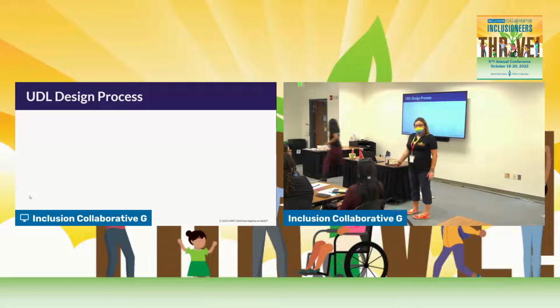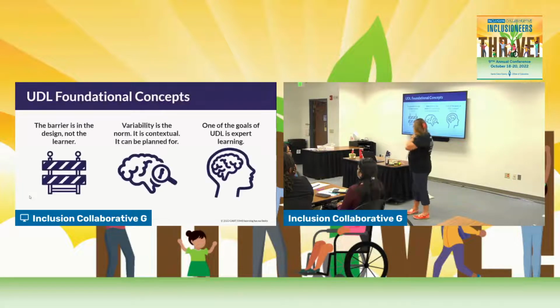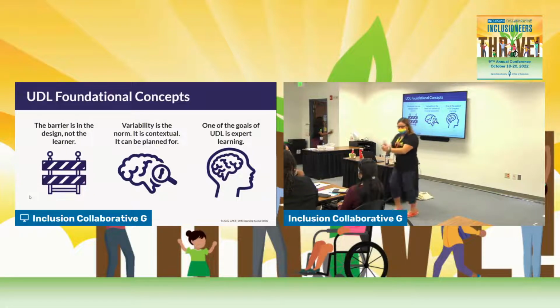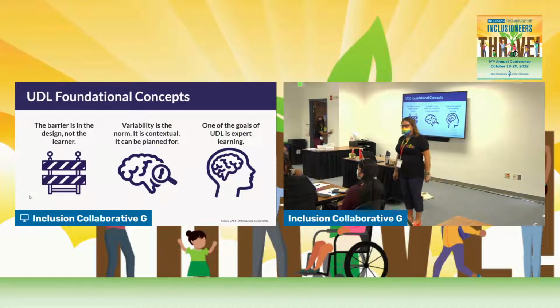Were you named in the foundational understanding of UDL that the design is not in the person, the barrier? I think my question or my thought around that, as a former special education teacher, is thinking about the language that we use when we write individual education plans. They often say things like, this child has a challenge or struggles with, right?